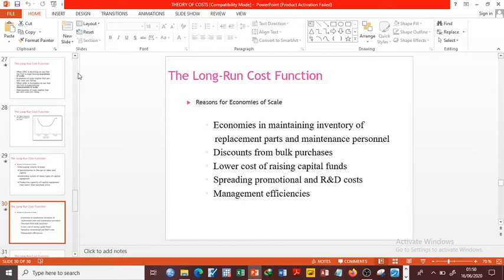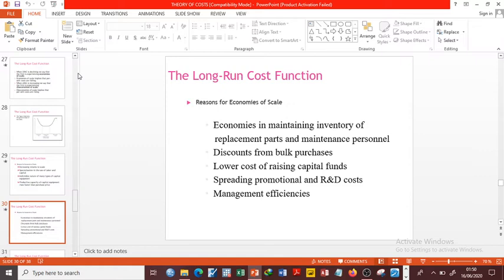That will not be a very good scenario. But if you have good machines and you're taking good care of them, you're minimizing the cost of repairing these machines, then you're definitely reducing the amount of cost, and therefore you are increasing output. Then discounts from bulk purchases.